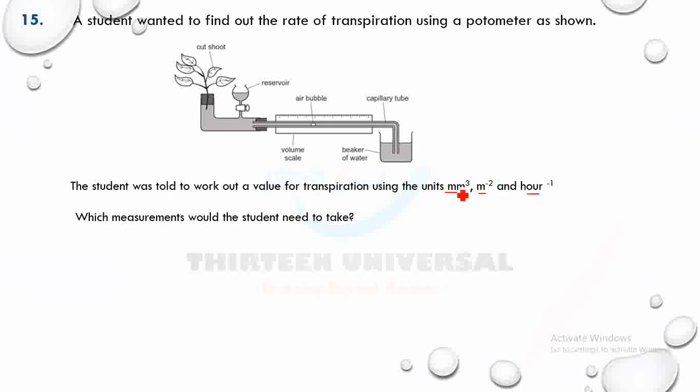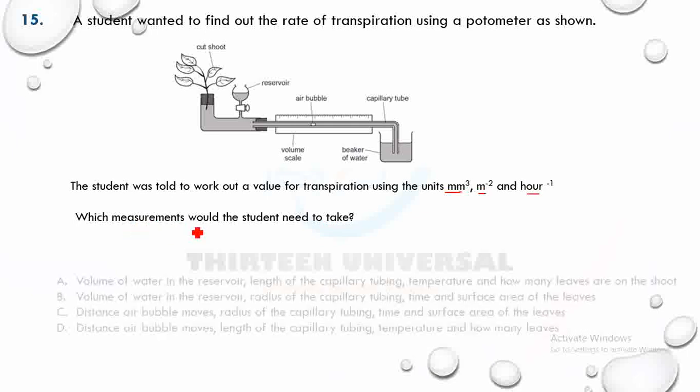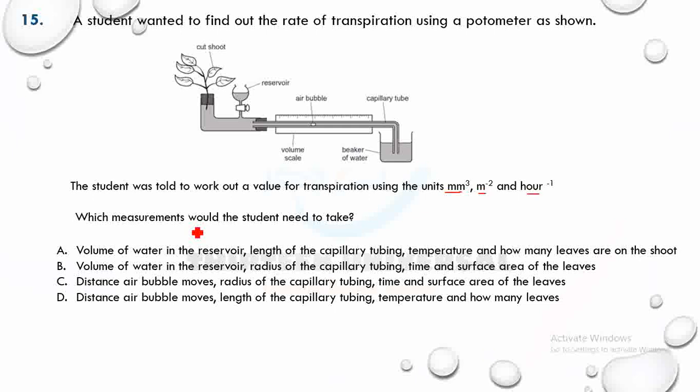Which measurements would the student need to take? Pause the video, guys. This guy needs to get the volume, the volume of a cylinder, the estimated volume of water here.